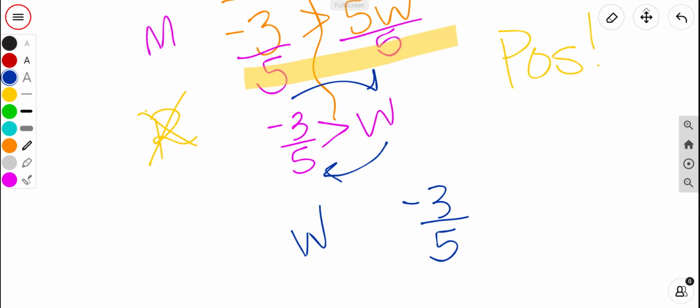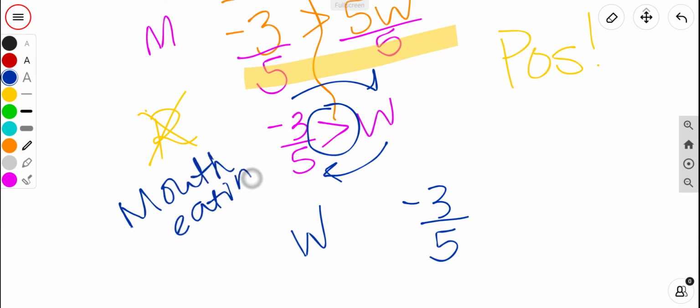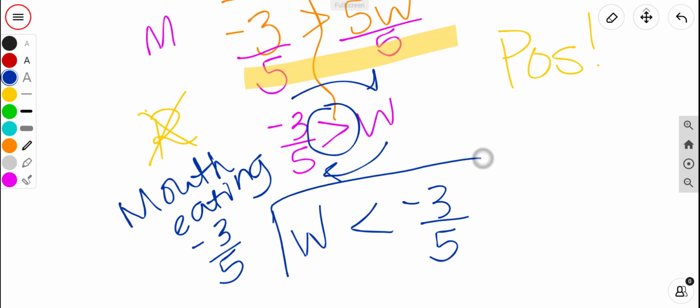And I want the mouth to still be eating the same thing. So if I'm looking at this sign right now, mouth is eating, it's open to eating negative 3/5. So I got to keep them eating negative 3/5. And done. Bam. We rock.